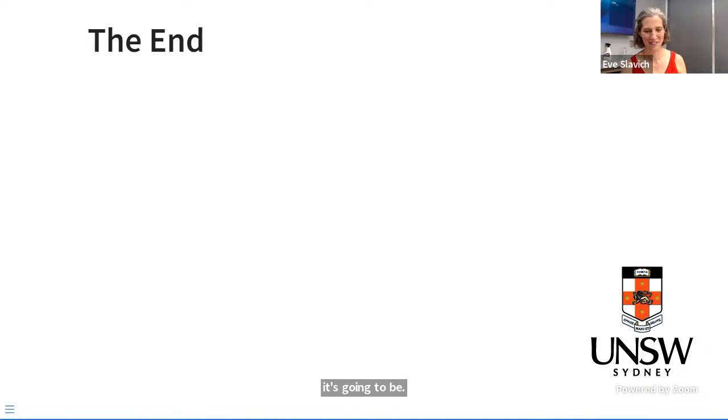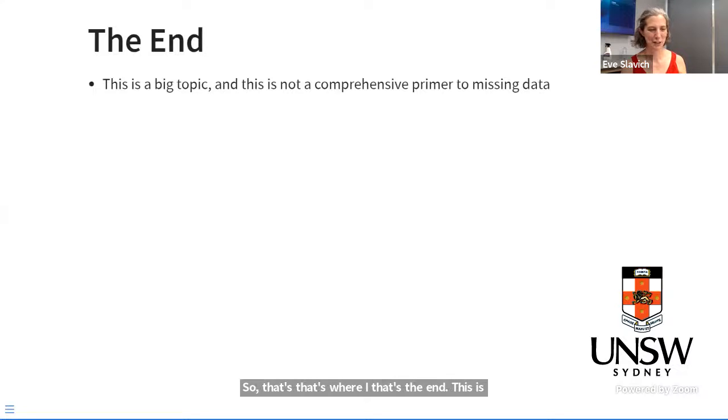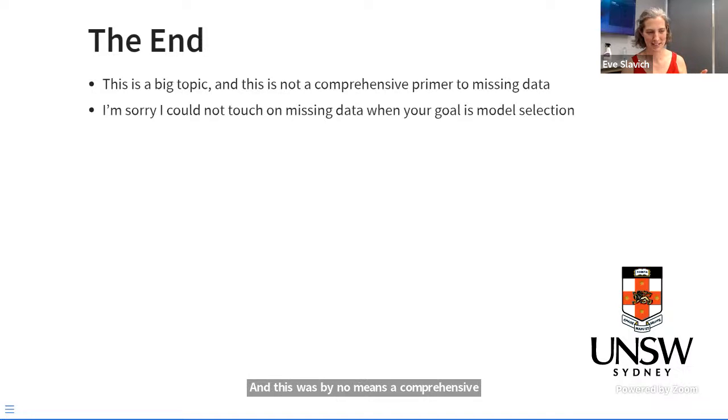So that's the end. This is a huge topic, and this was by no means a comprehensive primer to missing data. So I'm sure I've missed things. And I'm sorry, I did say in the abstract I would touch on model selection, but there was just too much to say.